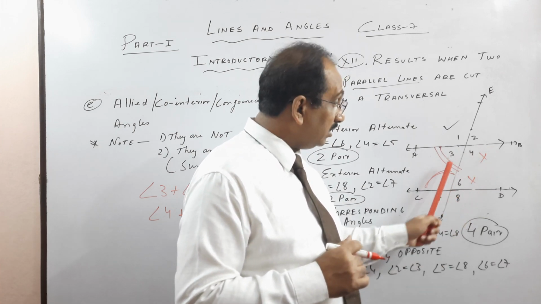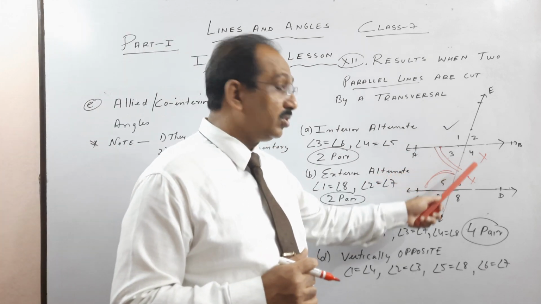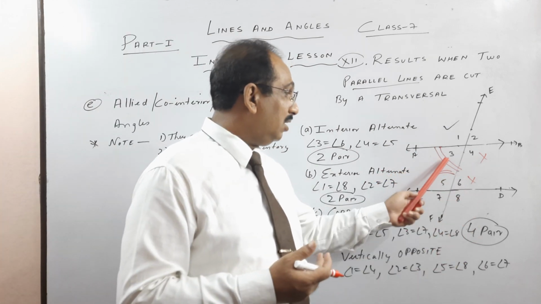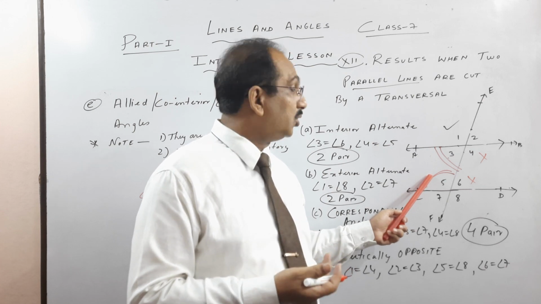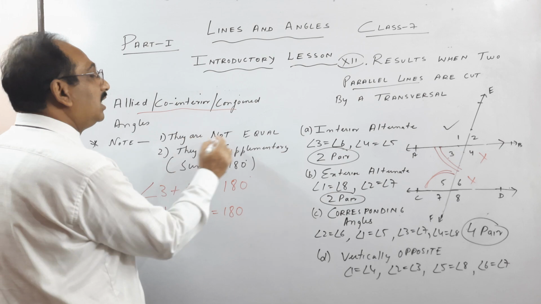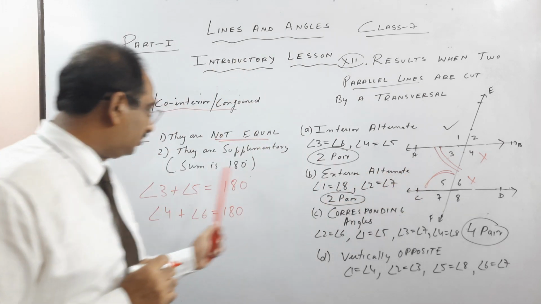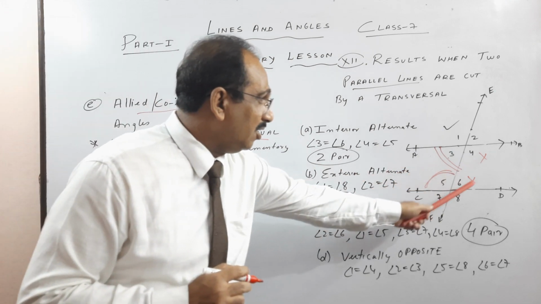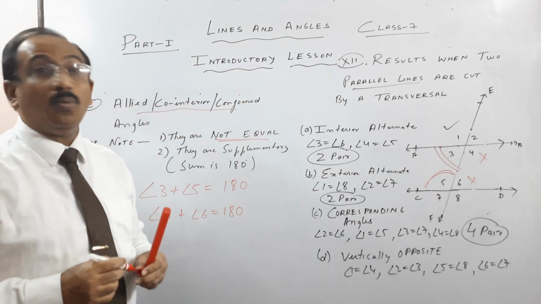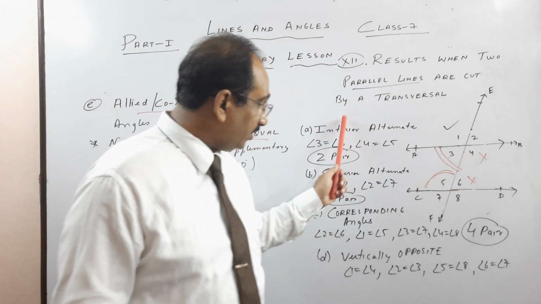So these two and these two, 3, 5 and 4, 6, are called allied angle, co-interior angle, a conjoint angle. All three names you have, and please note, they are not equal, children. They are supplementary, means their sum: 3 plus 5 is 180, 4 plus 6 is 180. So these two angles are not equal, rest were all equal pairs.